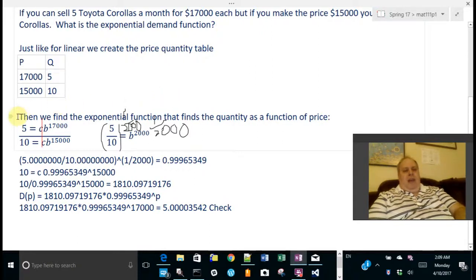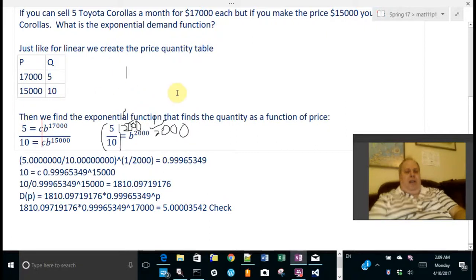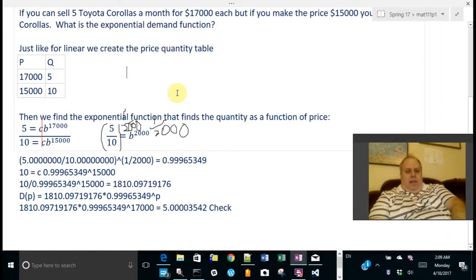Now, the form of the exponential function is y, the dependent value, in this case q, the quantity, is going to equal c. Let me put that in math mode.